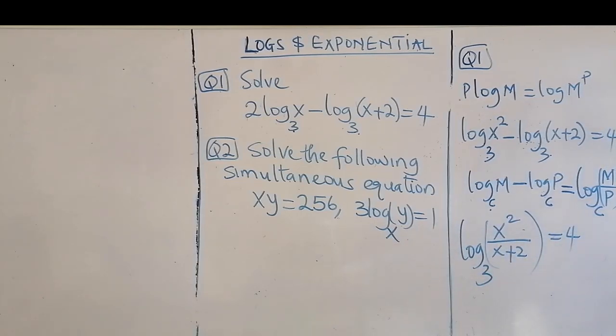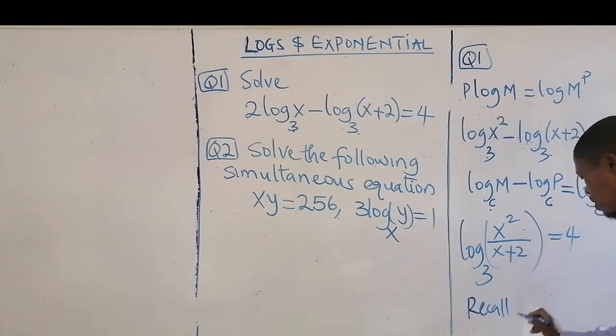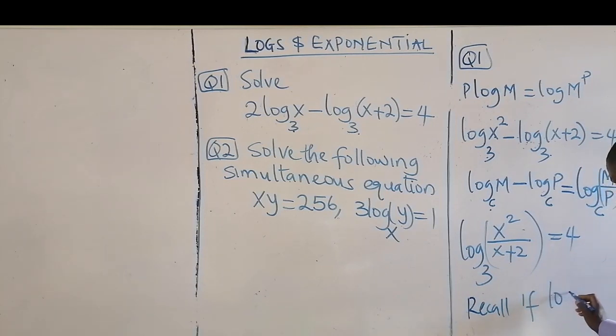Then the next thing to do is to transform the logarithm form to exponential form. Recall, if you have log m to base b equal to c, this is the logarithm form.